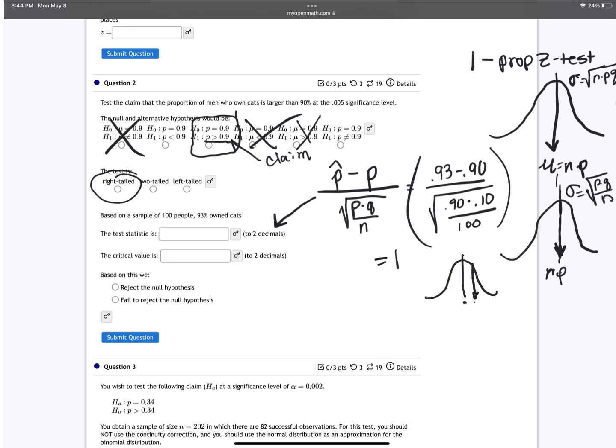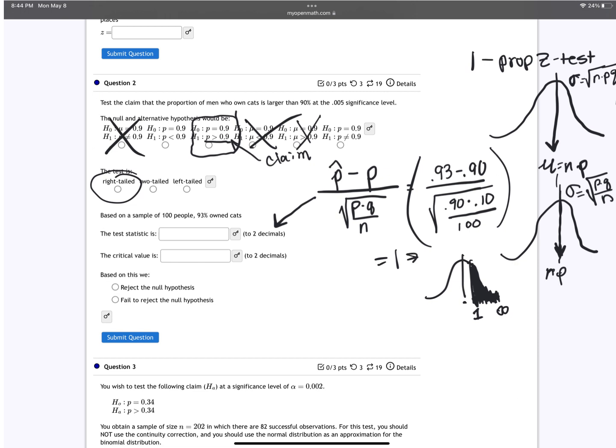We are looking at a right-tailed test, so we want to know how likely this would happen, or something more extreme to the right. This would be our p-value: we look for 1 up to infinity of this value right here.